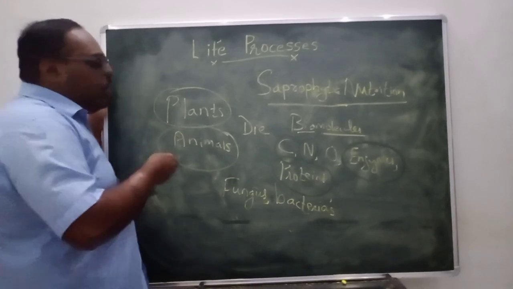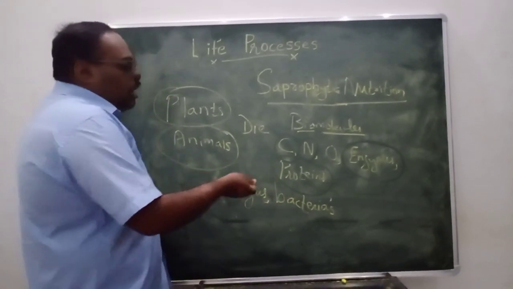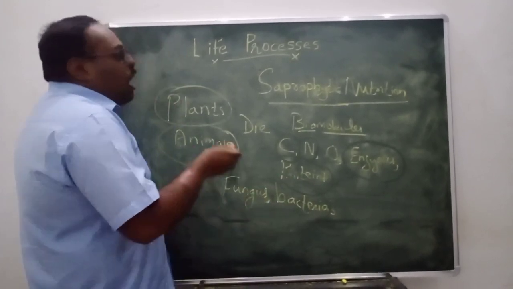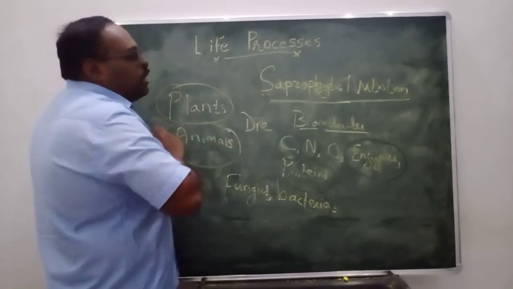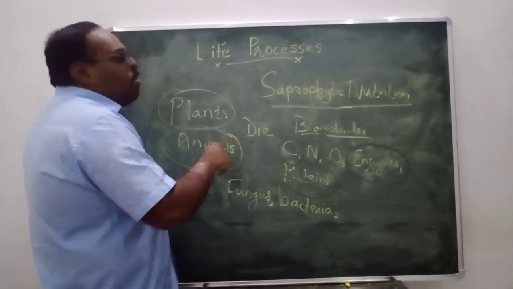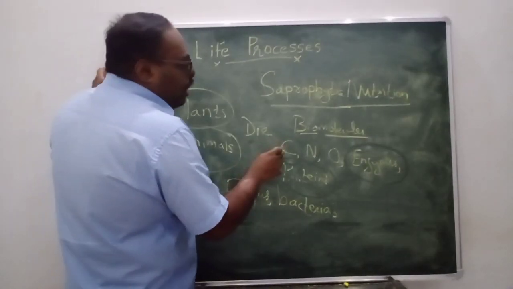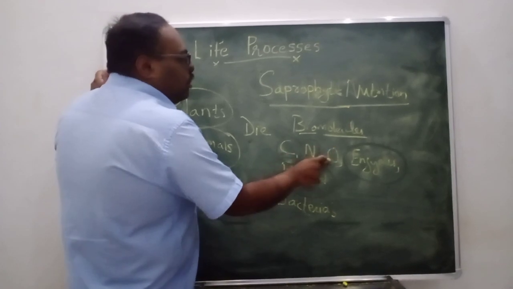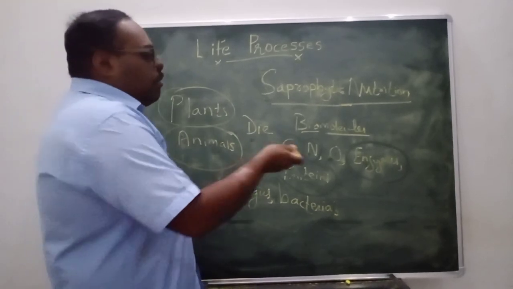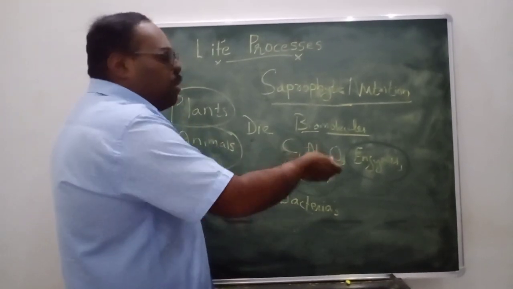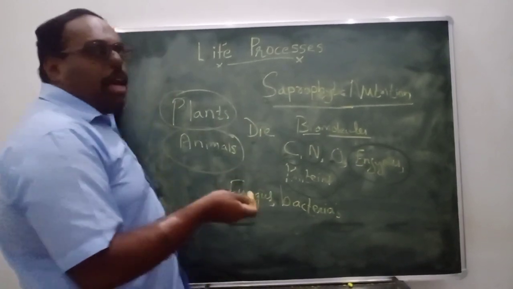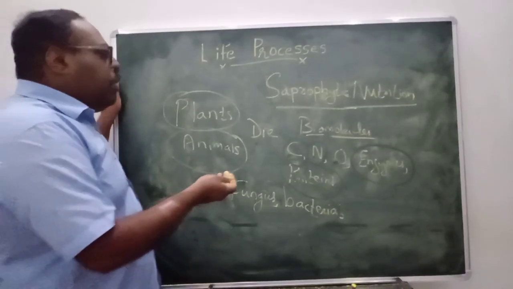So this type of nutrition, taken by these organisms, is known as saprophytic nutrition. That means these organisms feed on the dead bodies, by which we get back this carbon, nitrogen, oxygen. These enzymes and proteins also have some type of nitrogen and carbon bonding. Many things are there inside these enzymes and proteins. These will be returned to the environment, and some will be taken by them.